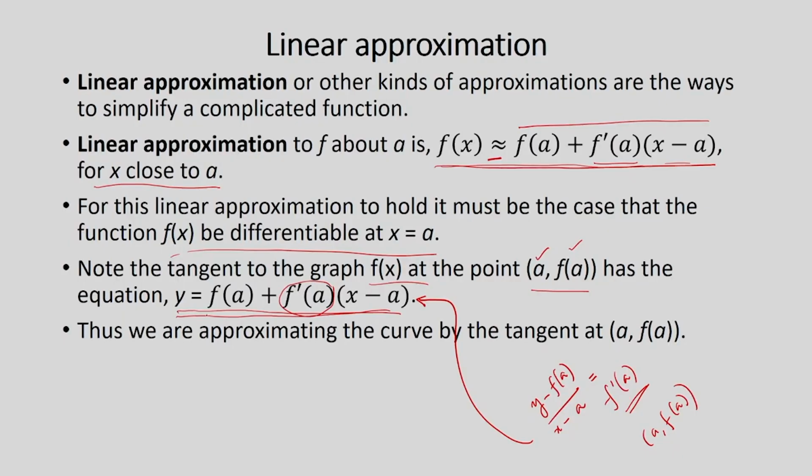So, this is the slope to the graph of f(x) at the point (a, f(a)). Therefore, when I write that the function is approximated by this, I am actually using the equation of the tangent to the graph at a particular point.